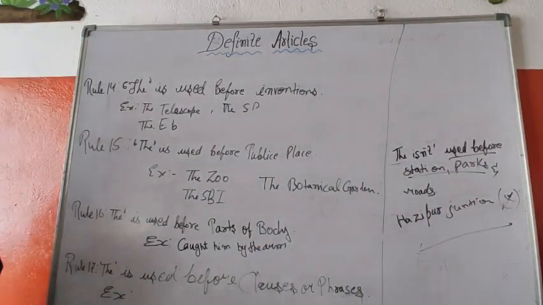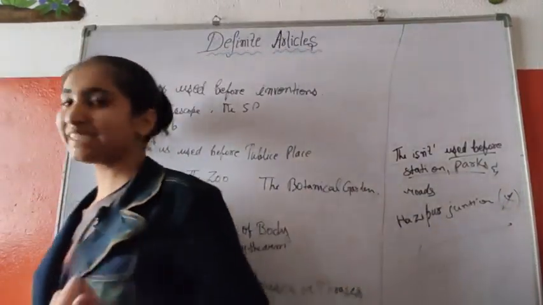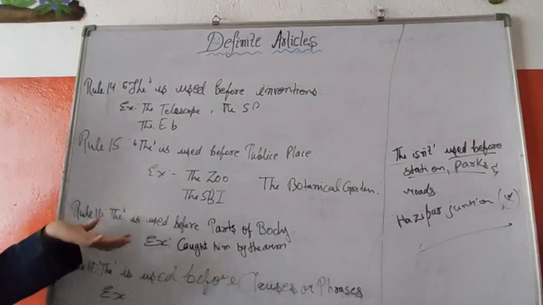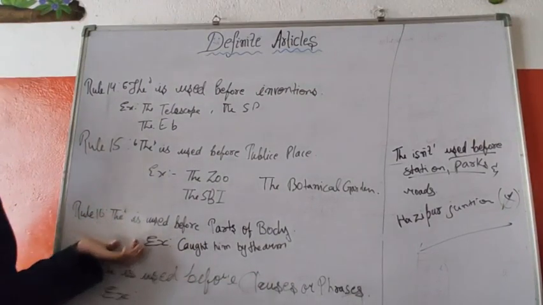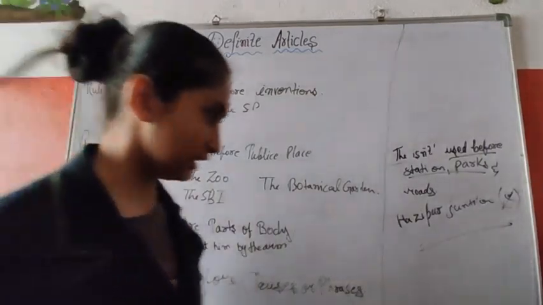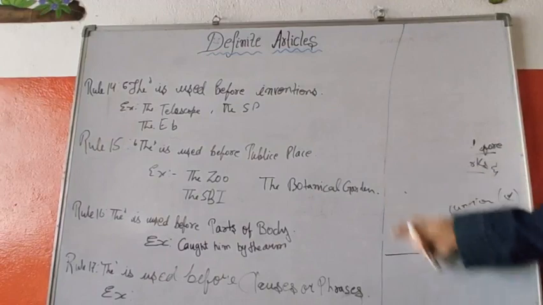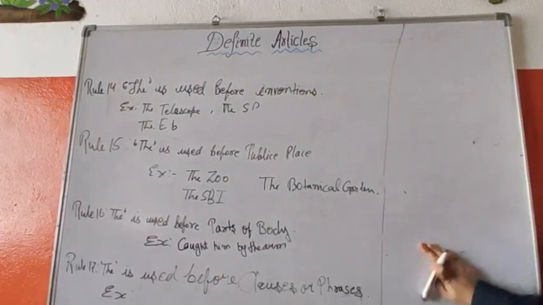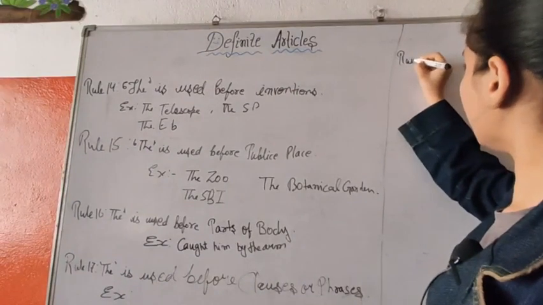"The" is used before the names of states, as I have told you, the Bihar since 1990s. And guys, "the" is never used before the apostrophe s. Let me write here. Rule number 18.